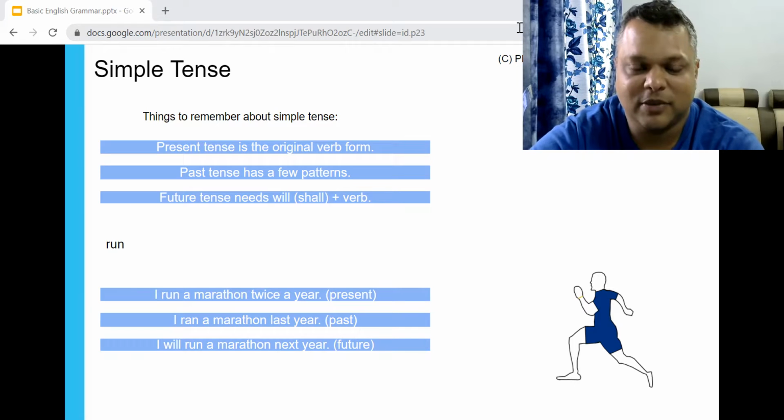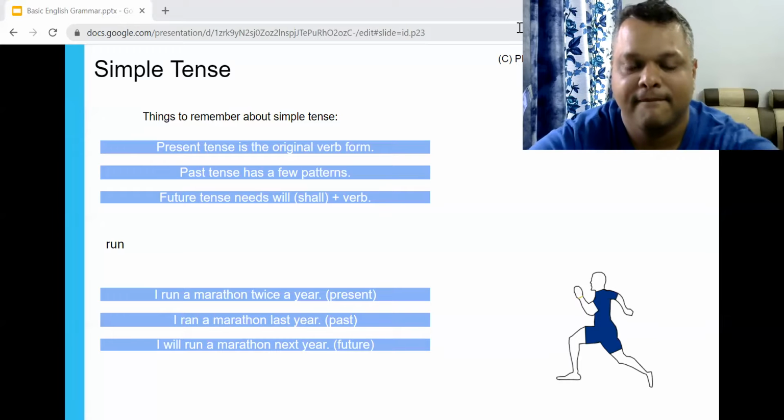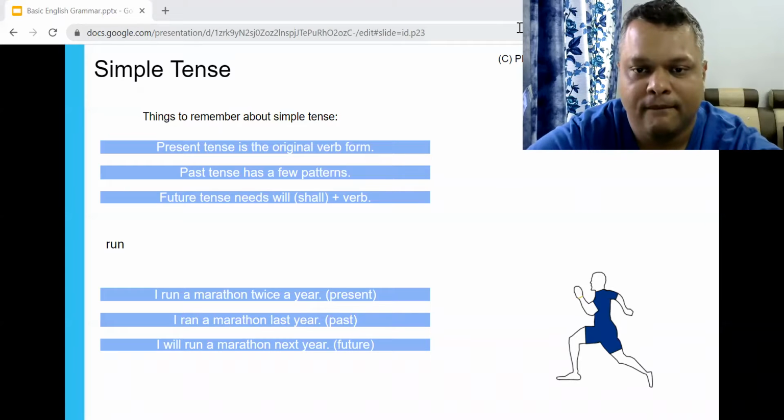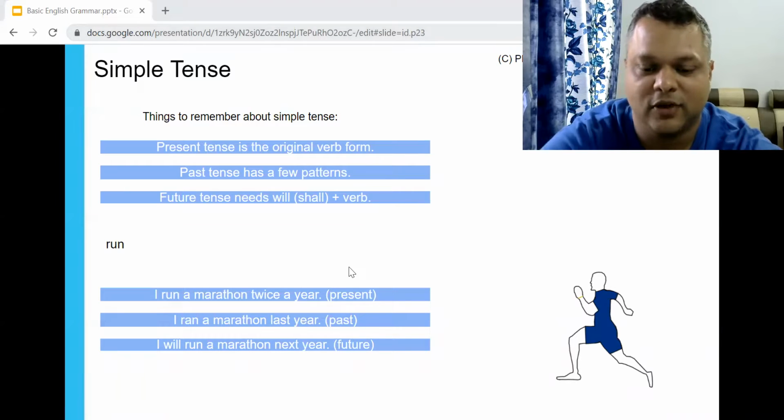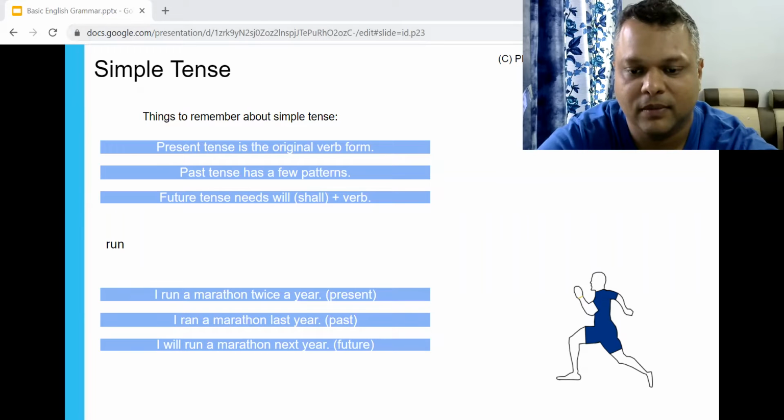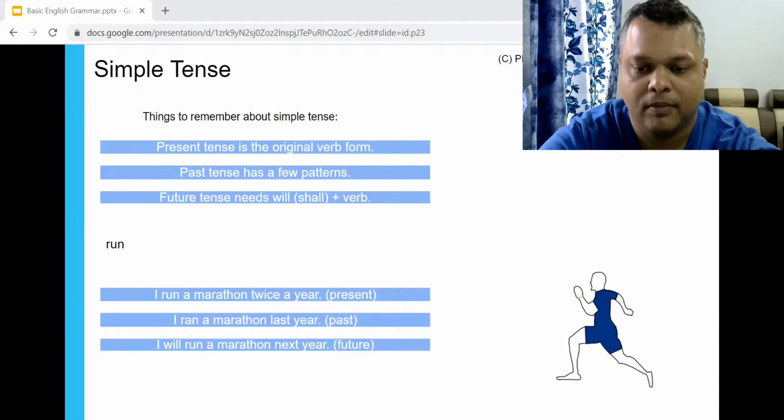ये एग्जांपल सबको समझ में आया? The 3 sentences that are written here. Have you guys understood this example? Past, present and future. Yes.